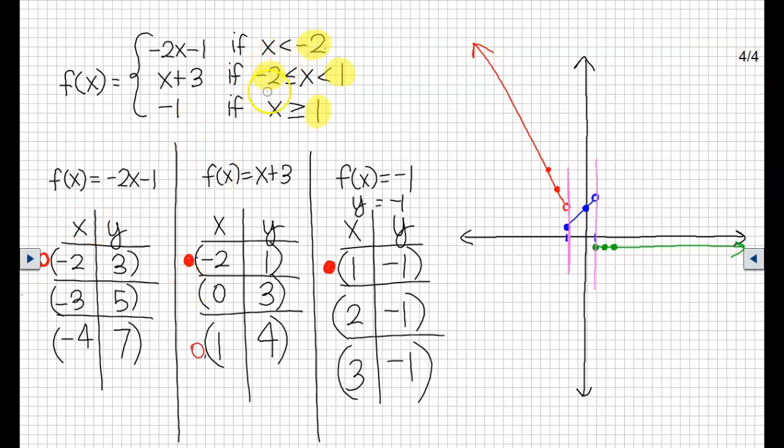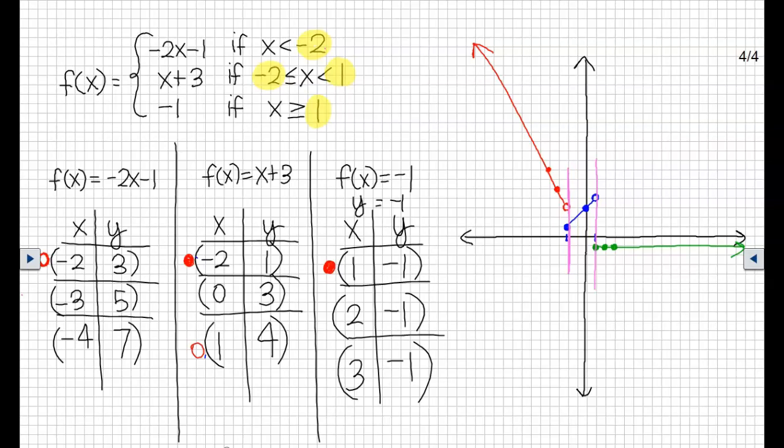This table had to have -2 and 1. -2 would be closed because there's an equal, and 1 would be open because there is no equal. And then this last table had to have 1, which would be closed because there's an equal. And then you have to fill in as many numbers as it takes for you to get to 3 points. I want 3 points on each section.